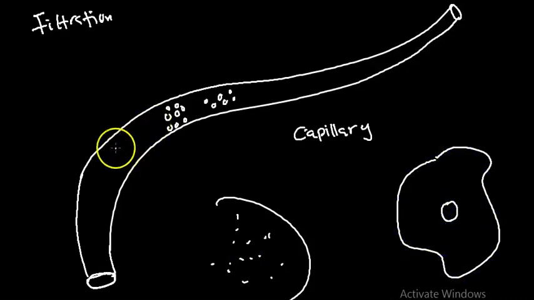So if there is higher pressure inside of the capillary, water particles tend to move out, facing out of the cell, and this process we call the hydrostatic.